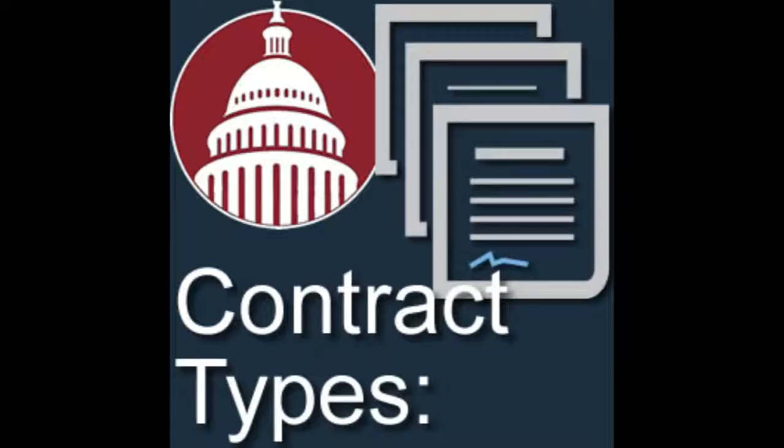So let's get started. Firm fixed price. Firm fixed price is how you buy almost everything in your life, right? So say you want to buy a printer. You're going to buy based on the features that you need, that you desire, and price is usually one of the factors in there.